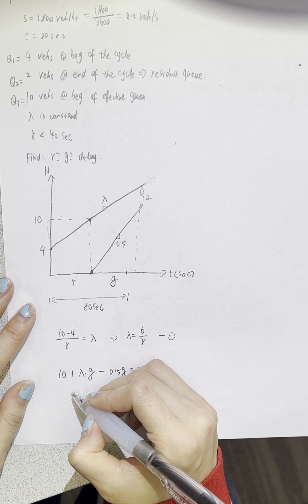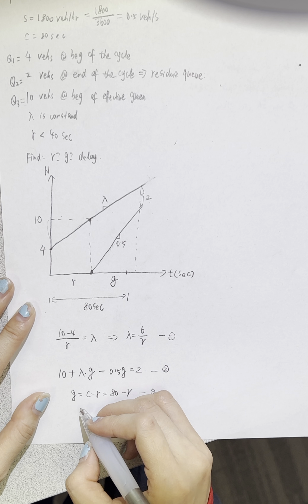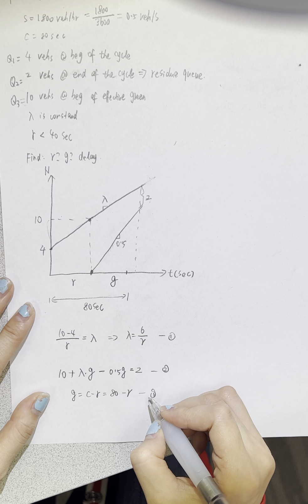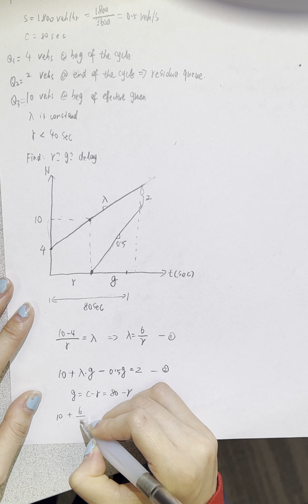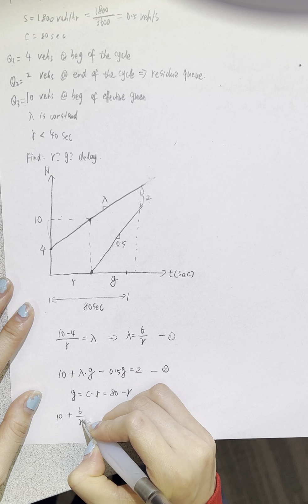We also know that the effective green time equals the cycle minus the effective red time, which is 80 minus r. So we have lambda in terms of r, and g in terms of r. We plug equations 1 and 3 into equation 2, and we can solve a quadratic equation. So this is 6 divided by r times (80 minus r), minus 0.5 times (80 minus r), equals 2.